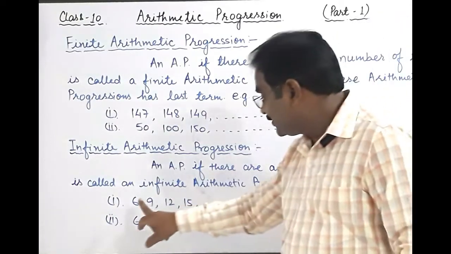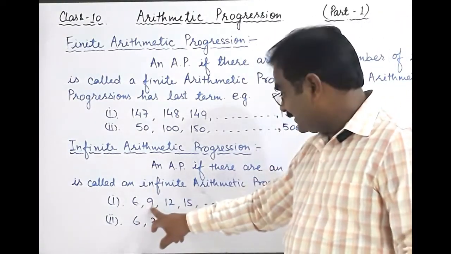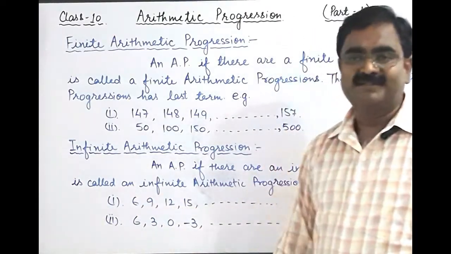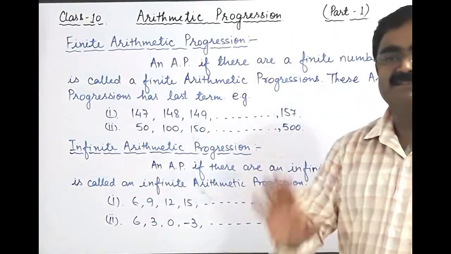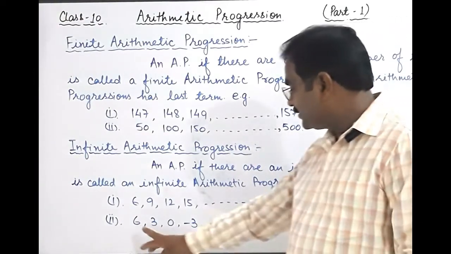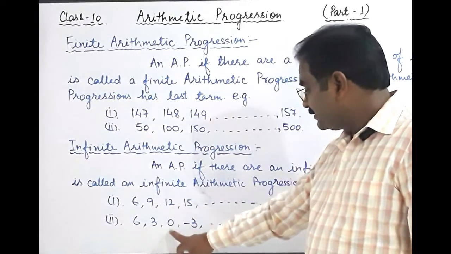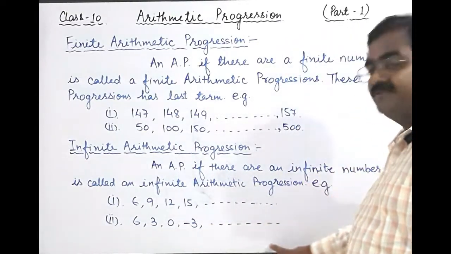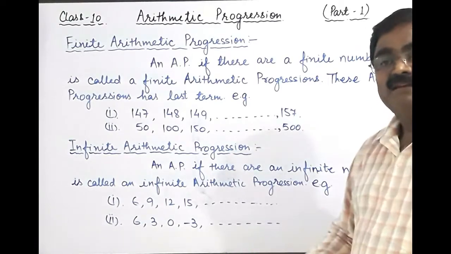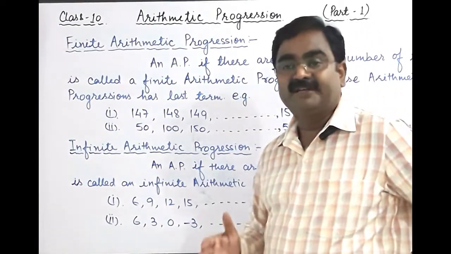So it has a first term, a second term, a third term, etc. and you can find its common difference. But the last term is not given in an infinite arithmetic progression. The second example is 6, 3, 0, minus 3, etc. It is also an example of an infinite arithmetic progression.